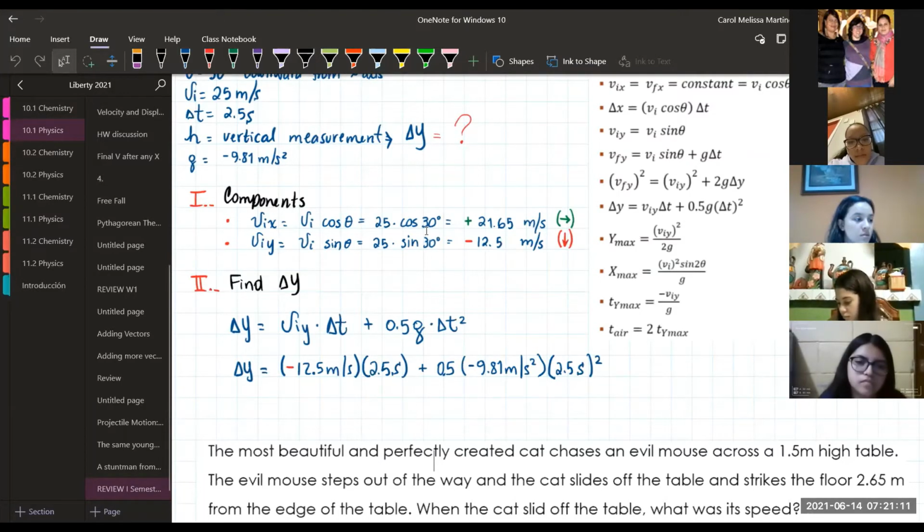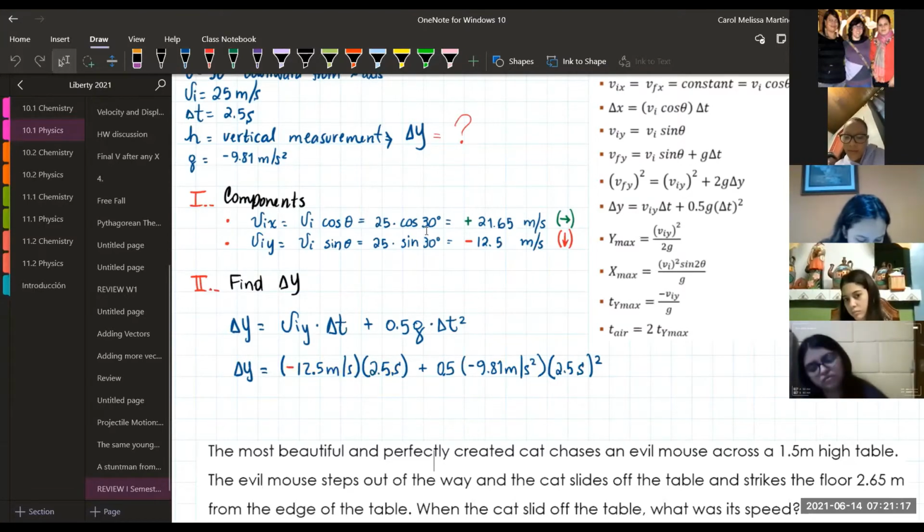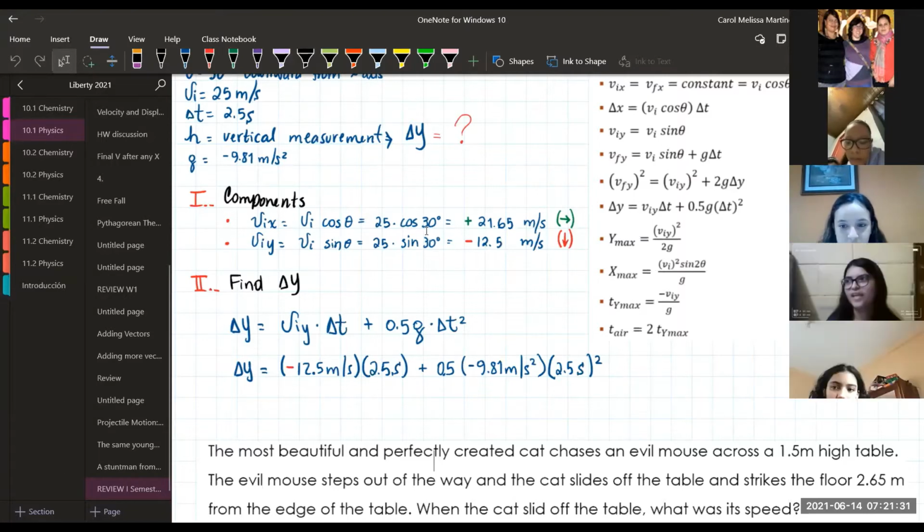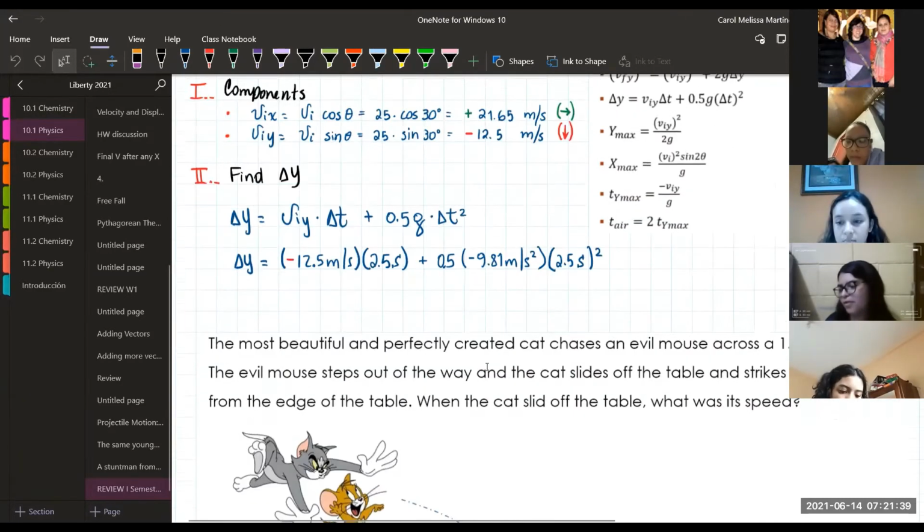How much do you get from this multiplication? 61.91. How much? Negative 31.25. Yes, that's what I got. Check again. I think Sarah was talking about the whole answer. Yeah, the equation. I do it in parts to avoid mistakes.